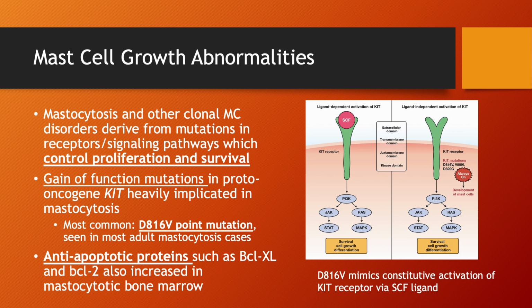That's a way of saying if you have this gain-of-function point mutation, it's like that receptor is firing at all times. You're going to get a ton of mast cells. But we also see other things in the other direction, such as anti-apoptotic proteins, such as BCL-XL or BCL2, and these are also increased in mastocytotic bone marrow. So these are some of the ways that we can get out of control mast cell growth.